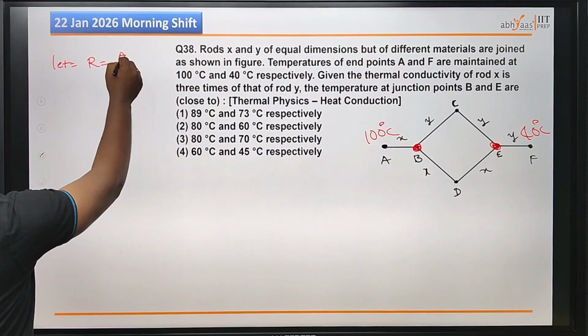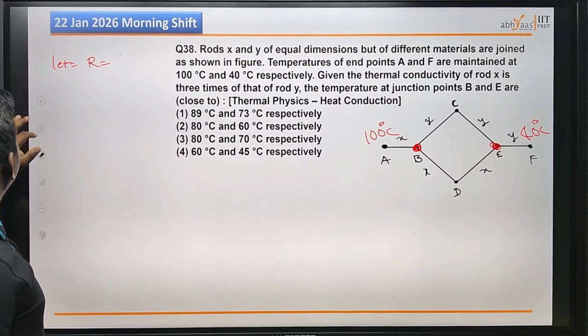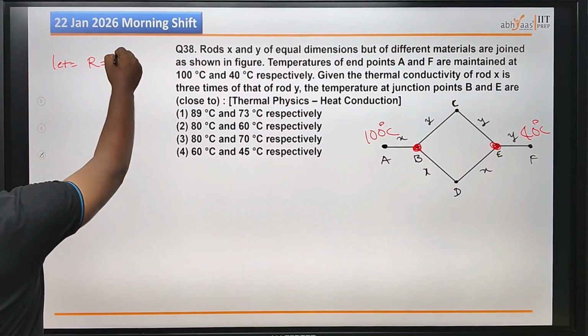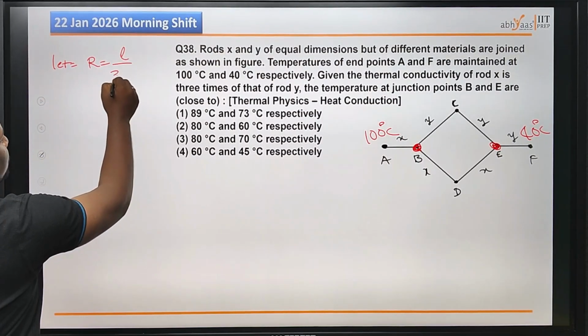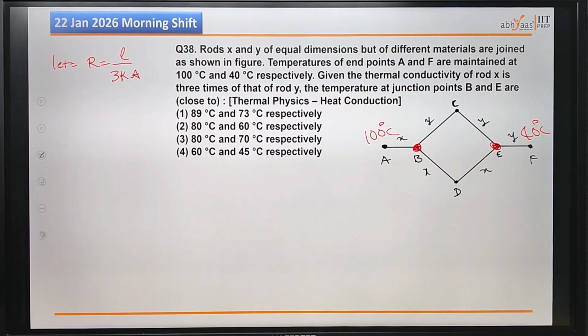R can be written as L by KA, and for the other rod, L by 3KA.